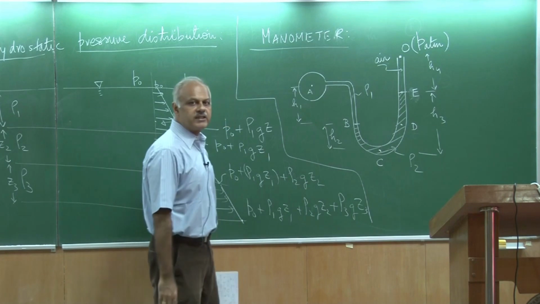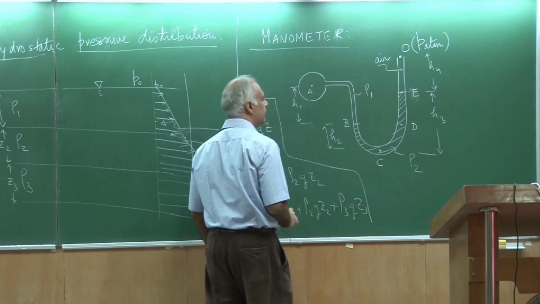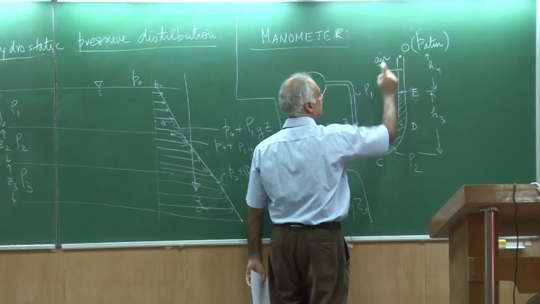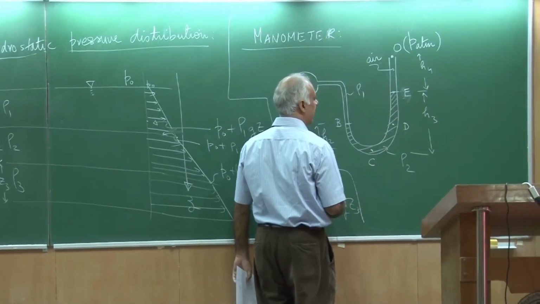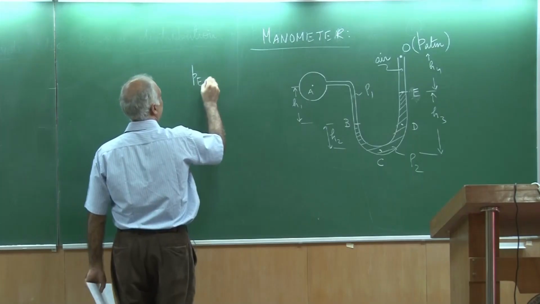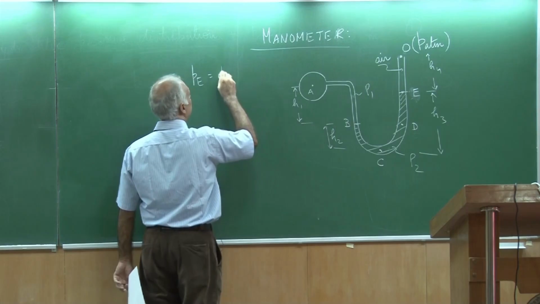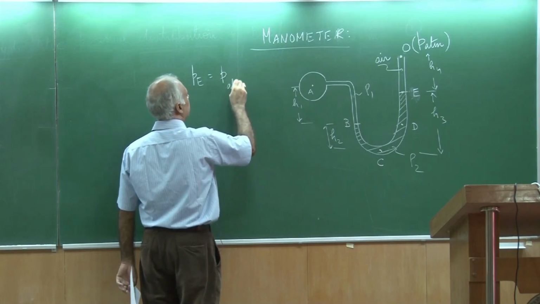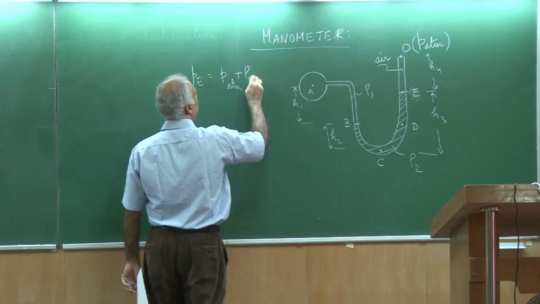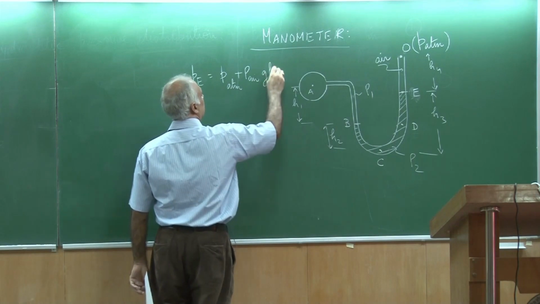Now, we can use the equation of fluid statics and try to relate these different pressures. So, let us start from this point. I already know the pressure here, this is atmospheric pressure. So, I could write down what is the pressure at point E. The pressure at point E I can write in terms of pressure at point O, which is actually the atmospheric pressure, plus rho air times G times H4.